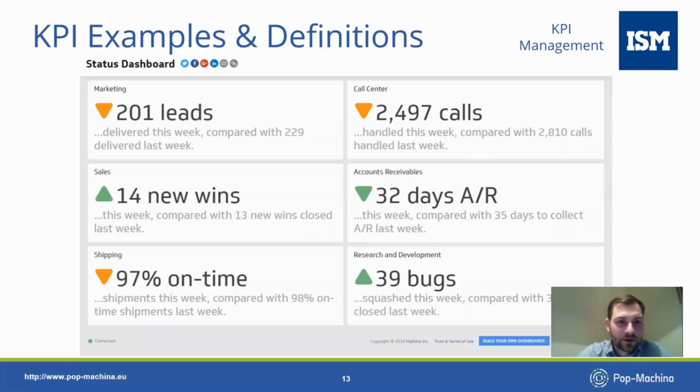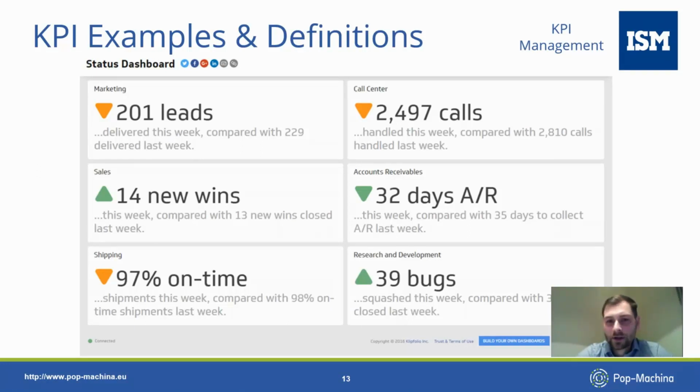Talking about sales, for example, it could be new wins per week, and every week you can see the situation. There are a lot of programs, equipment online. I think there are free versions also, but however, you can do it by yourself just in a simple Excel way.